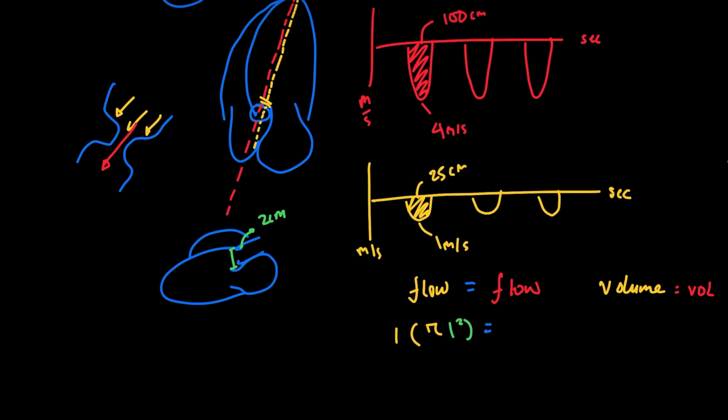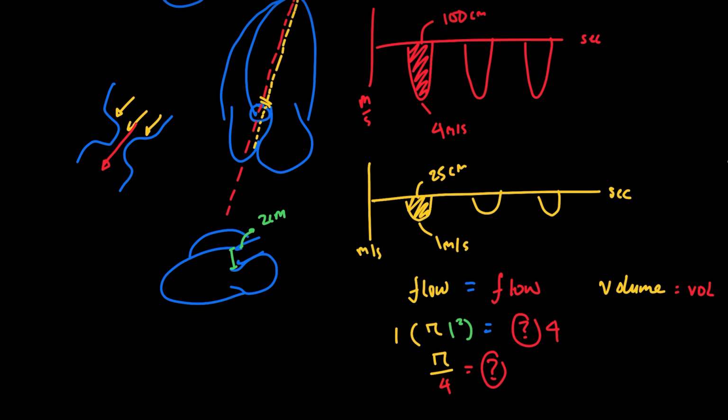That is equal to my unknown area times the velocity, which I said here was 4. In other words, I'll have that pi over 4 equals my unknown area. Or if I use the volume method, what's the volume of blood that flows through the LVOT? Well, that is the VTI times the area.